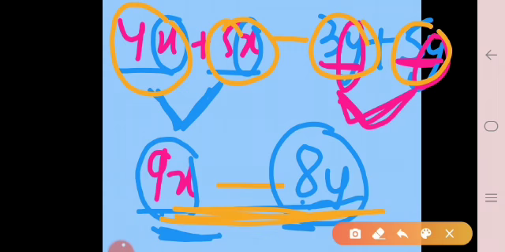So now let's look at what happens next. So let's suppose I have 9x minus 8y. So this is my algebraic expression. So let's recall a bit again. We started with algebra.